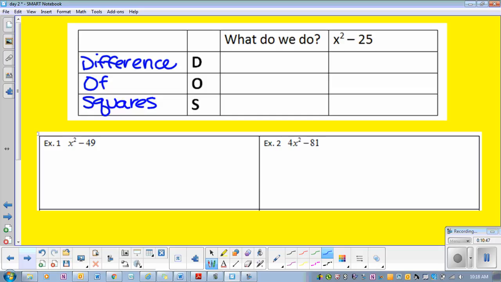So, what do we do? Well, that D stands for double parentheses. So we're going to have double parentheses, just like this. The O is for opposite signs.